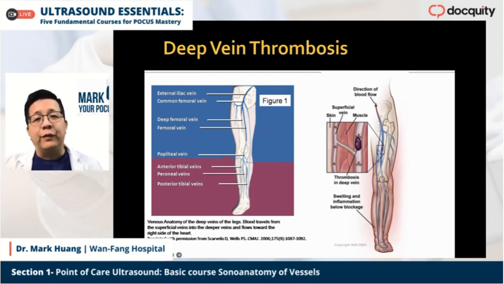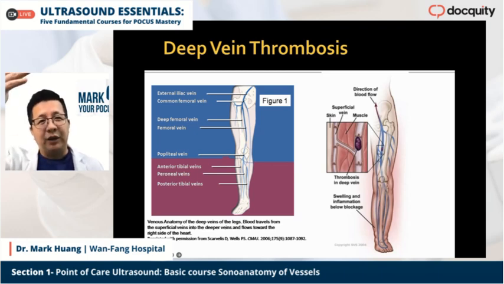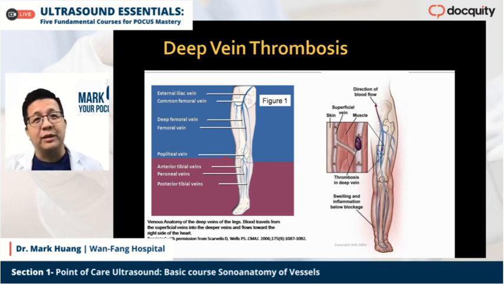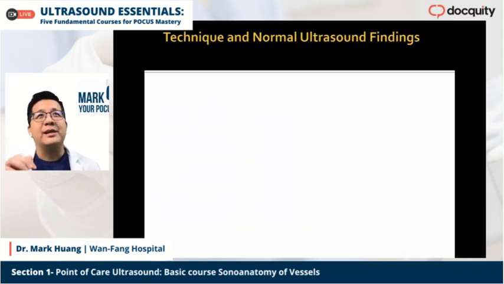If you put the probe over the upper part, for example on the femoral vein, it will be easy to totally compress, because you don't have any obstruction above that. But if you put your probe on the popliteal vein, it will be difficult to compress because there is some pressure. Okay, so that is the basic concept.